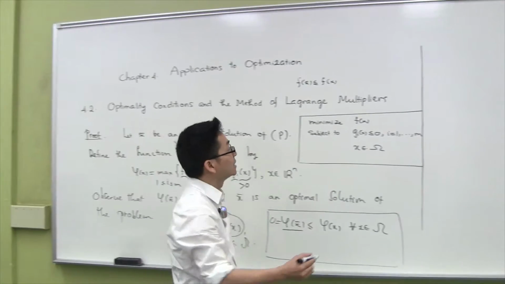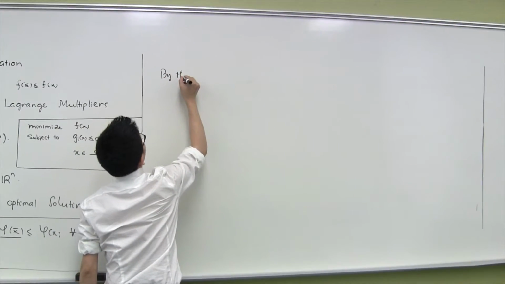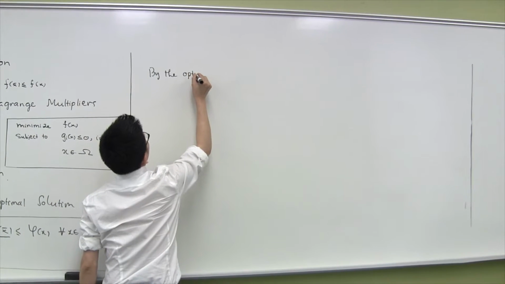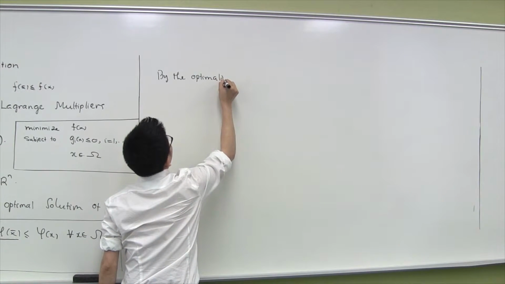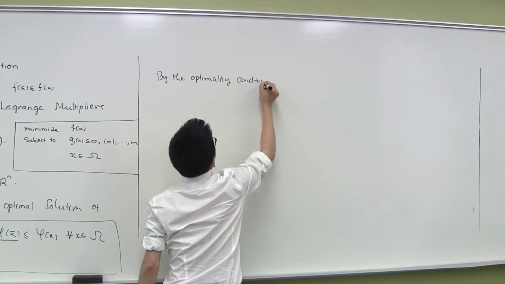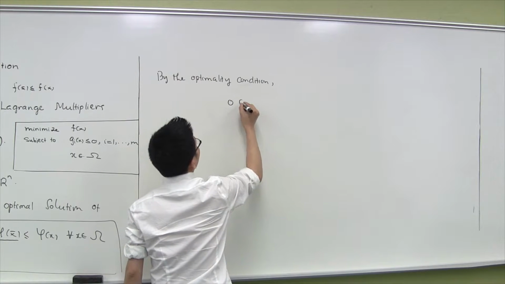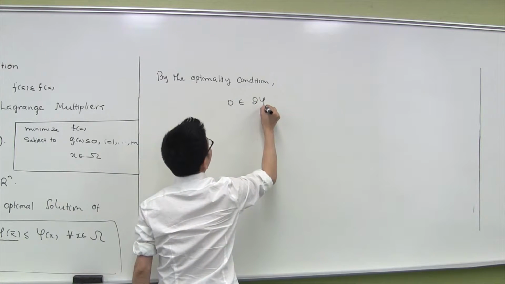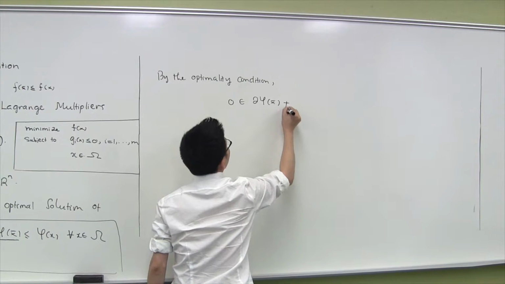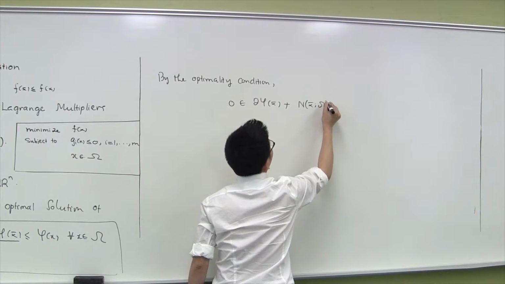Now, by the optimality condition presented in the previous lecture, we see that 0 belongs to the subdifferential of the function phi at x bar plus the normal cone to the constraint set omega at x bar.